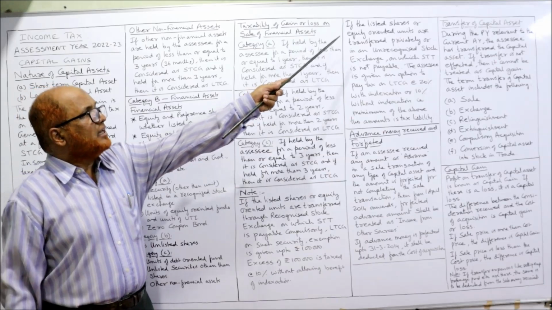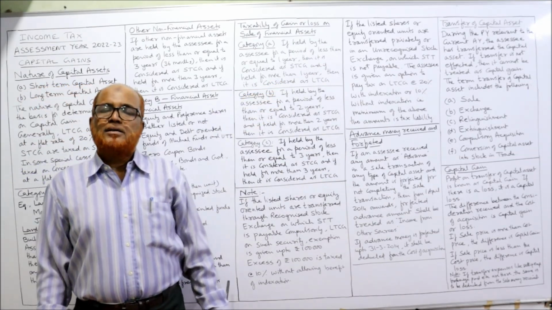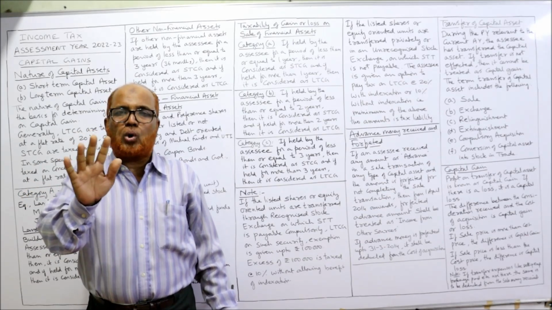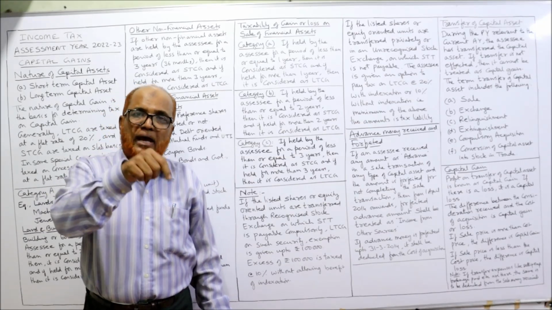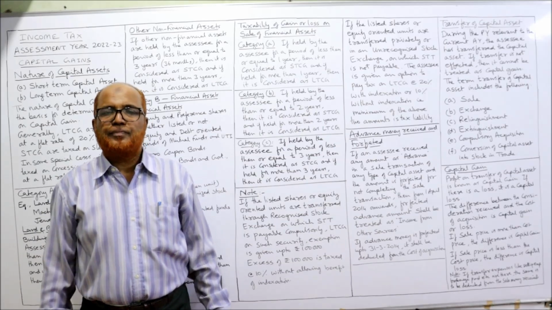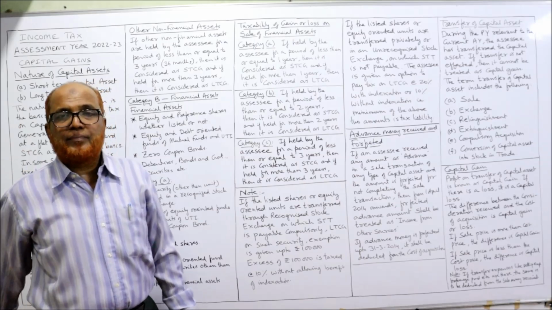Now, if the listed shares or equity oriented units are transferred privately, suppose the shares are there, but the shares are not sold in the stock exchange. The shares are sold privately or in an unrecognized stock exchange. Then the provision says on which STT is not payable.